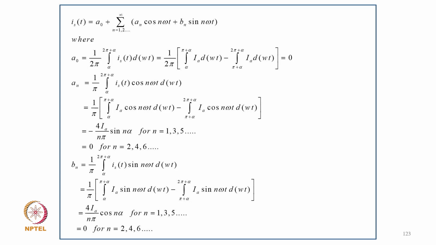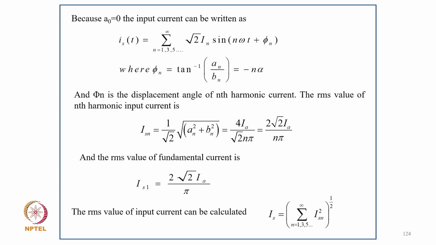Bn is also 1/2π ∫ from α to 2π + α of Is sin nωt d(ωt), and putting the value it comes equal to 4I/(nπ) cos nα for n odd, 1, 3, 5, and for even harmonics equal to 0 for 2, 4, 6.